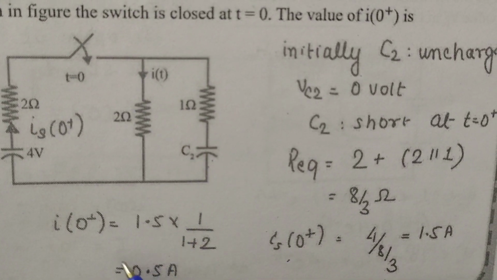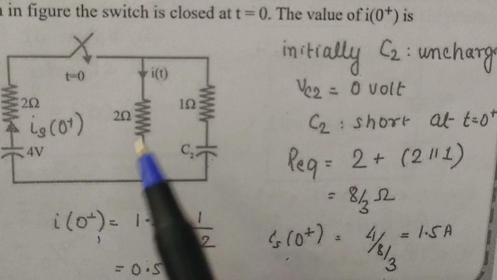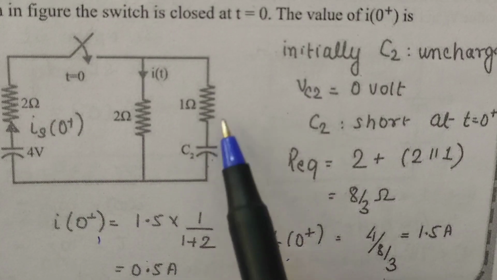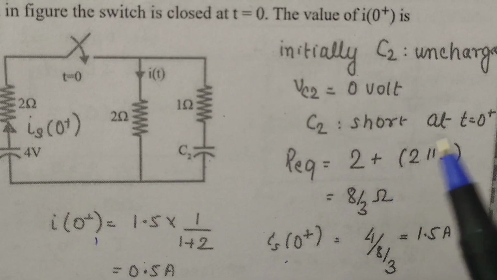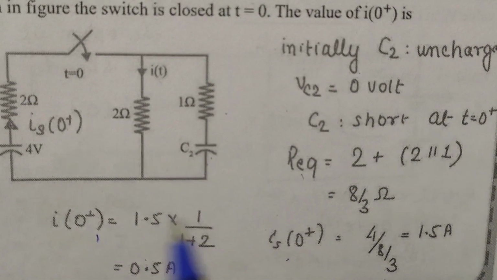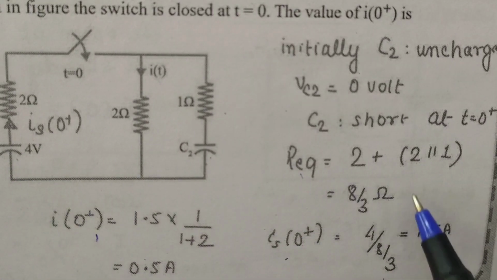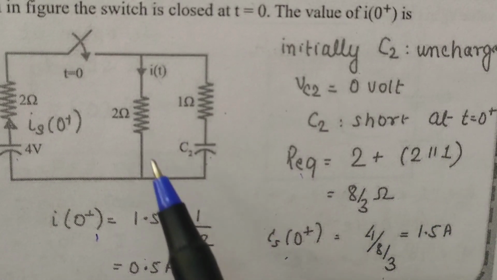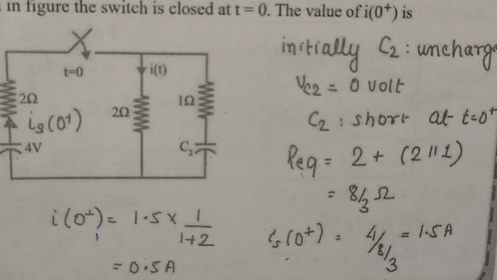I of 0 plus is equal to 1.5 into opposite resistance by total resistance. In this whole problem, first he found R equivalent, then he found the source current by using R equivalent. After that he found the current in the 2 ohm branch.